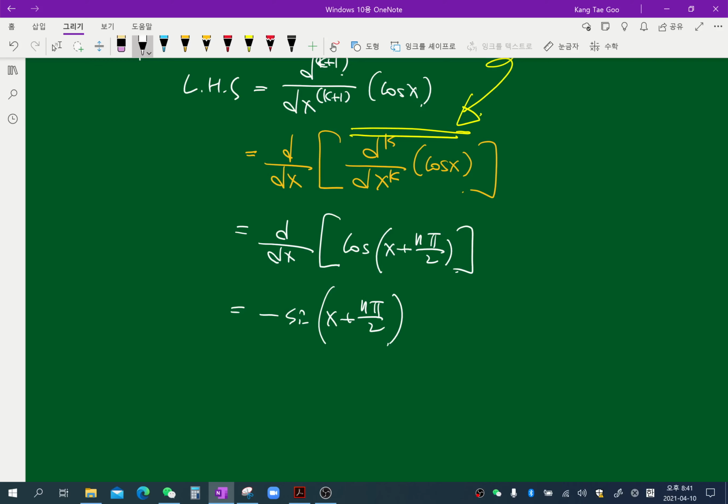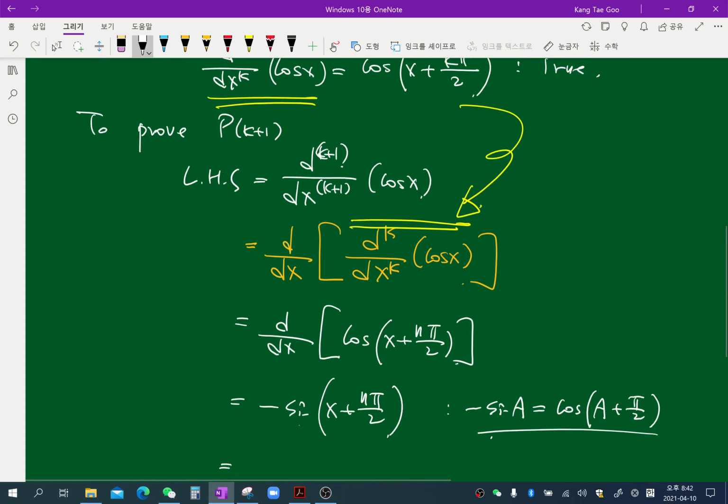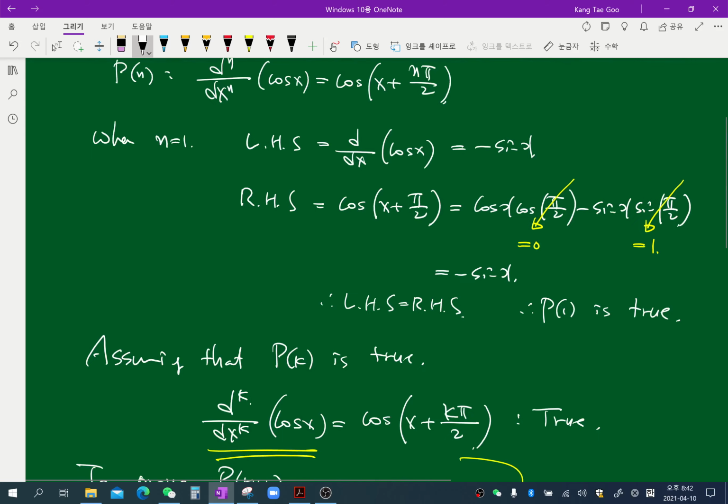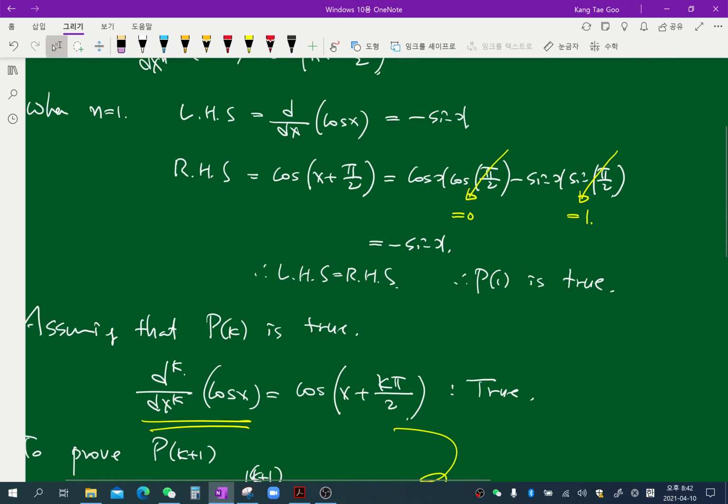Now how can we change this sine into cosine? We must change this into the cosine of x plus blah blah, right? How? Negative sine a is the same as what? Cosine of a plus pi over 2. That's what we have proven in this step, right? Here.